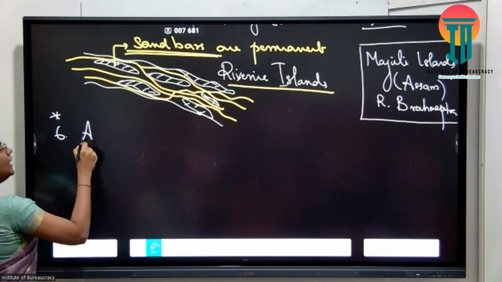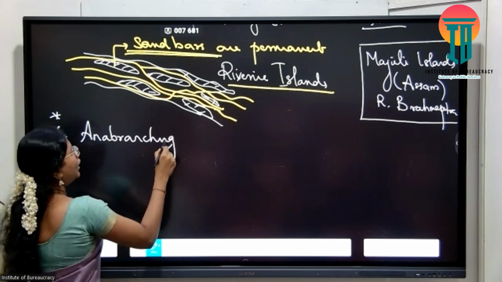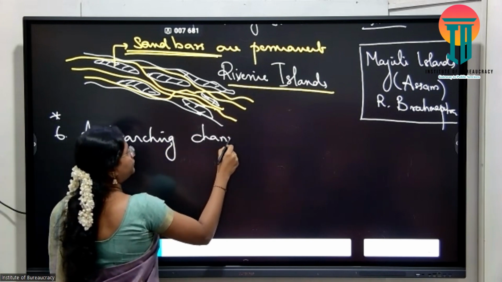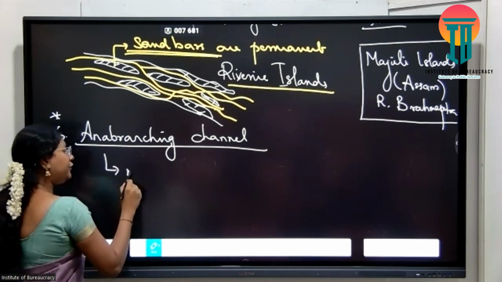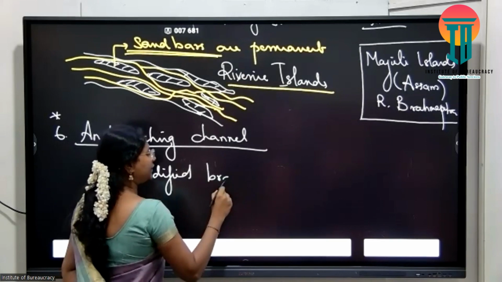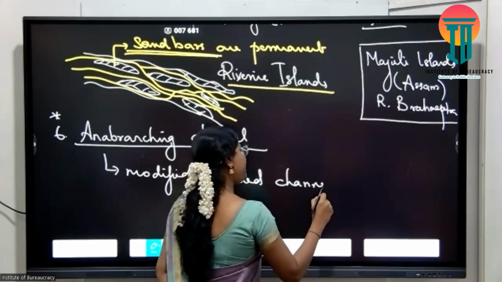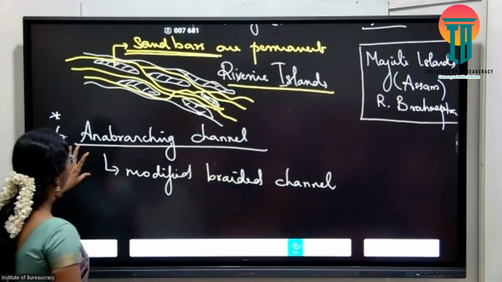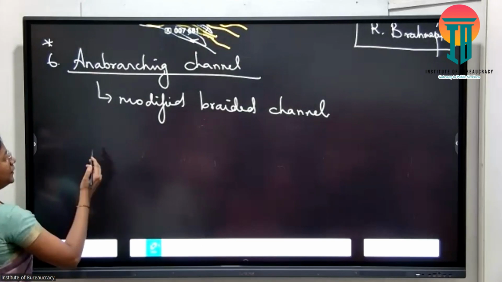So this is my unbranching channel. What is this? This is again a modified braided channel. இது எப்படி இருக்கும் நான் சொல்லிடுறேன், then I will explain it in words.